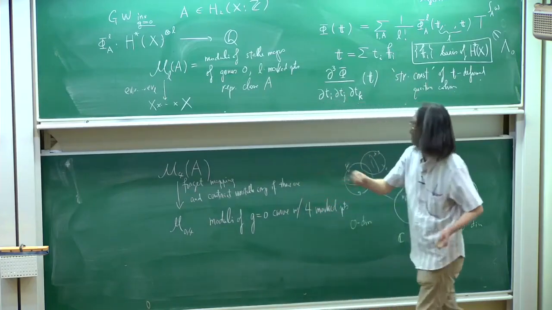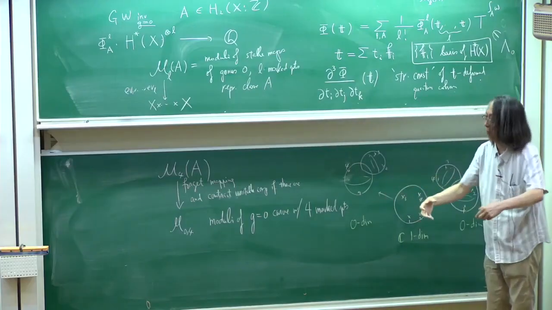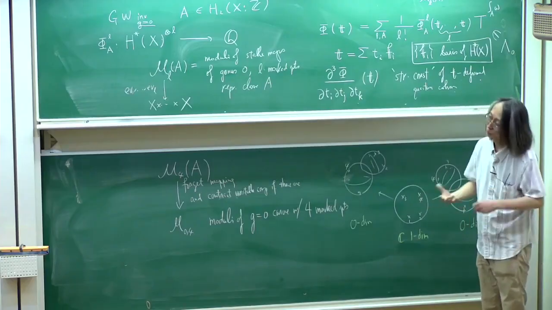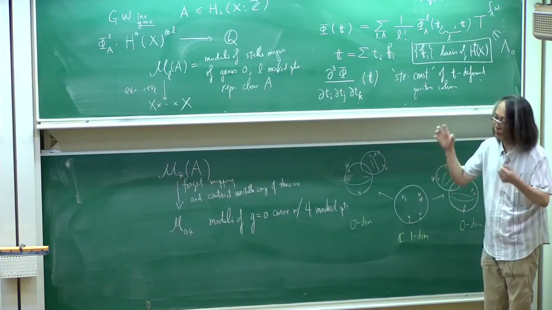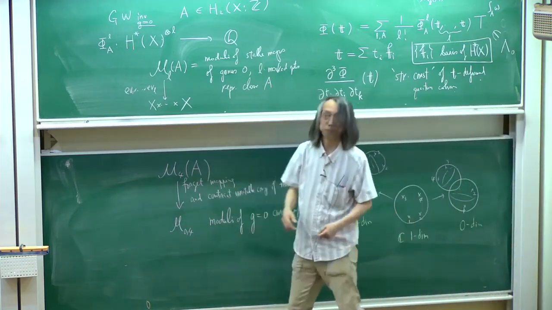So if you just forget the mapping, if your domain is already stable, then just keep that. But you may have an unstable component in the domain, then you just contract it. So then you have a map from here to here.